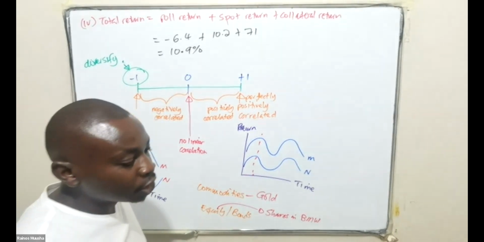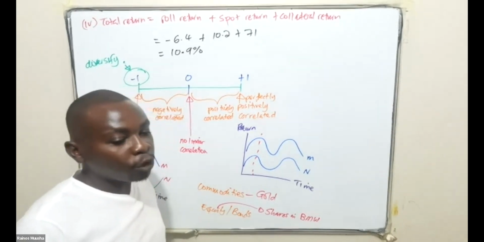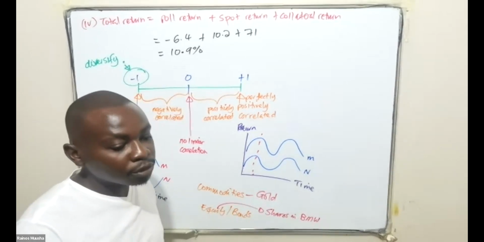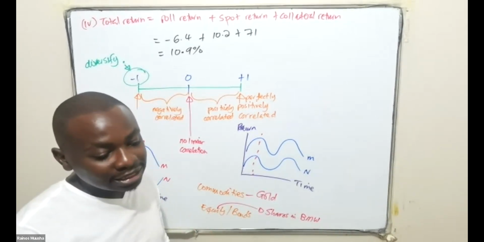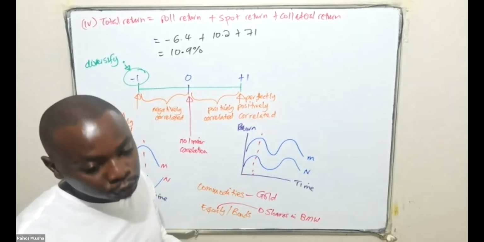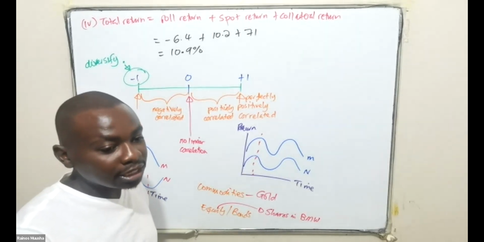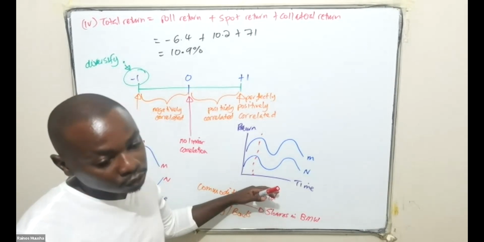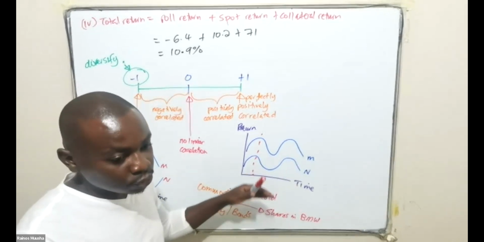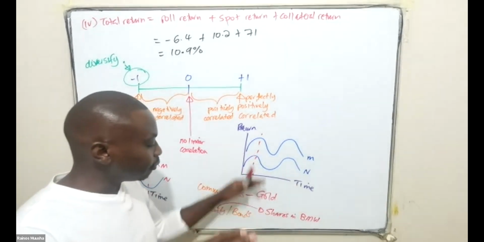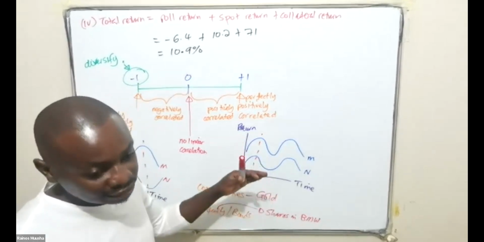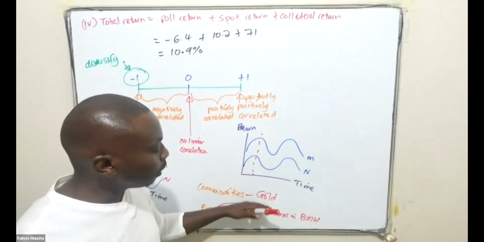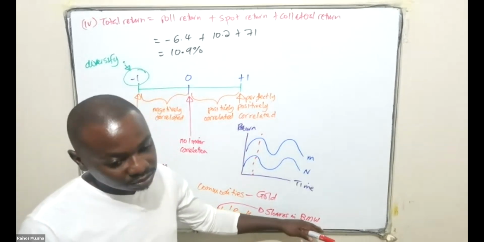So you find that during periods of economic recession, or periods where the economy is in distress, people are going to be looking for a store of value, and you see that there's more investment in gold, which is a commodity. So the demand for these is going to be slightly different. If the economy is doing well, they're going to be investing in equities mostly.